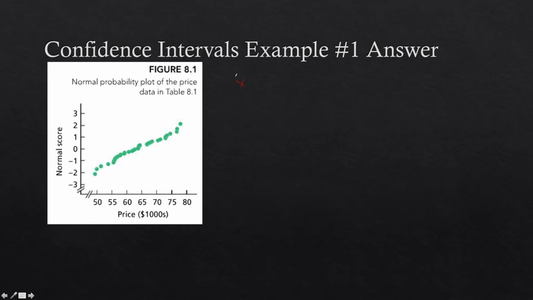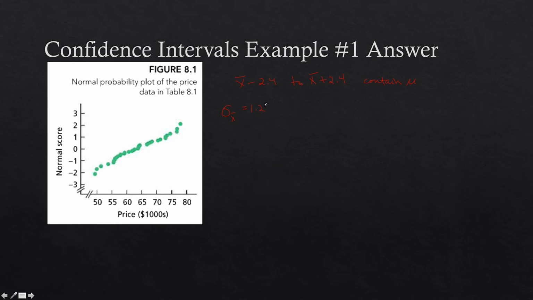We want to prove that x bar minus 2.4 to x bar plus 2.4 contains the mean. Well, we can use our standard deviation of our sample mean that we just found to do that.